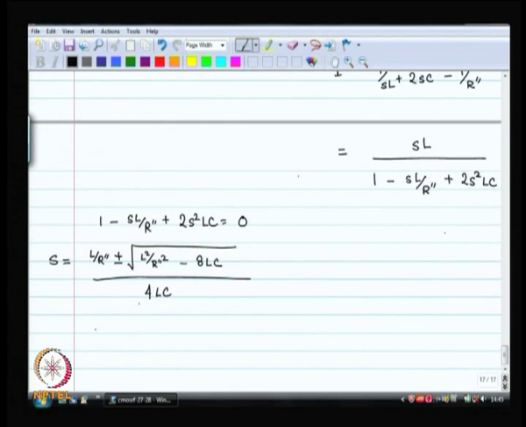Okay. And this is going to further simplify. Something like this.